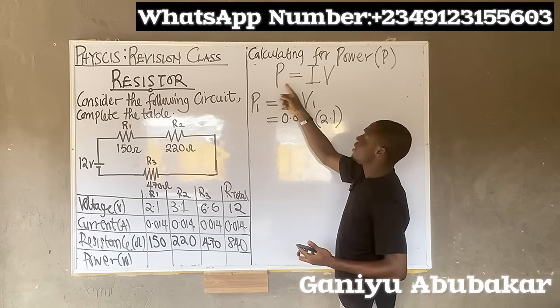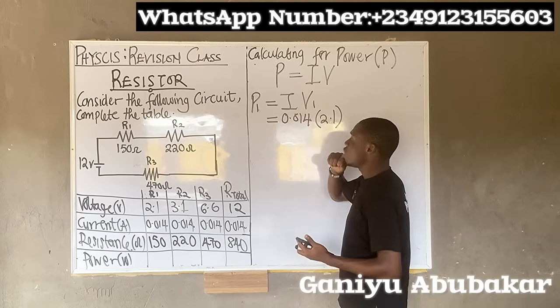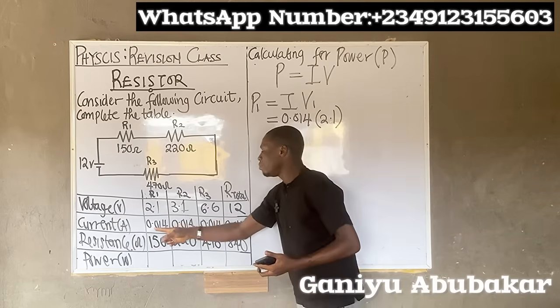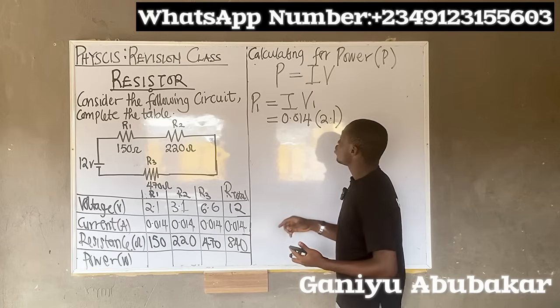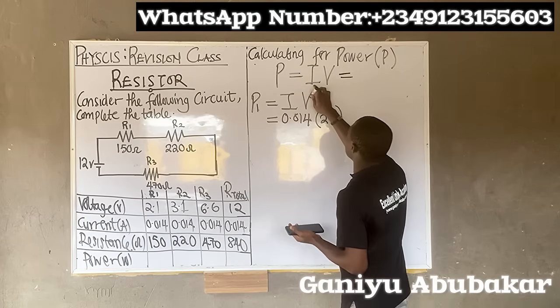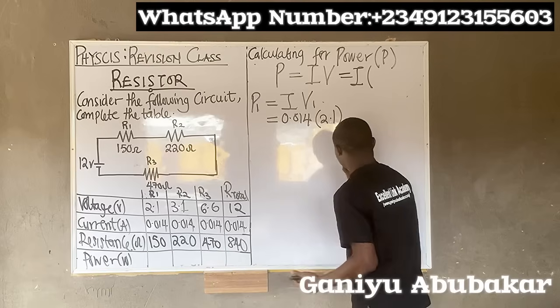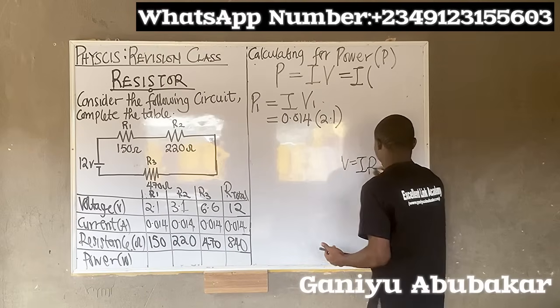Power can be expressed in this form, but I don't want to use this form because if you observe, the currents are similar to each other. So I can still say that power is equal to current I times V, and from Ohm's law, V is IR.